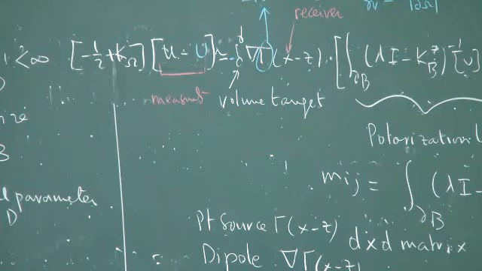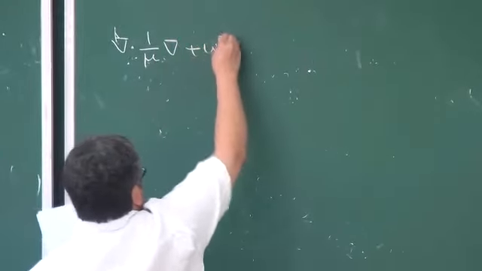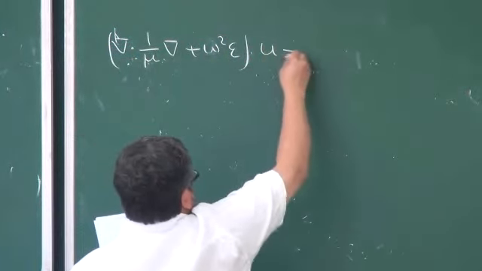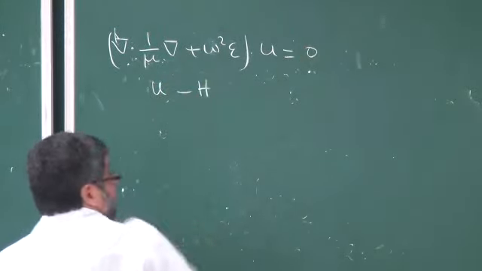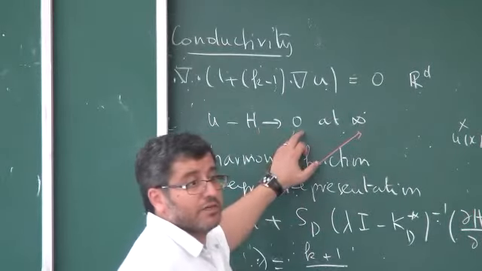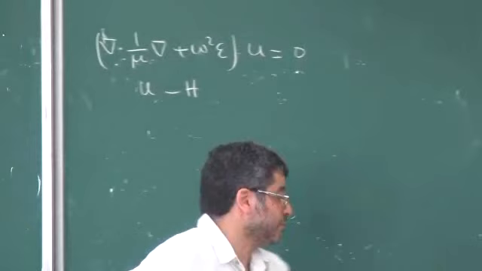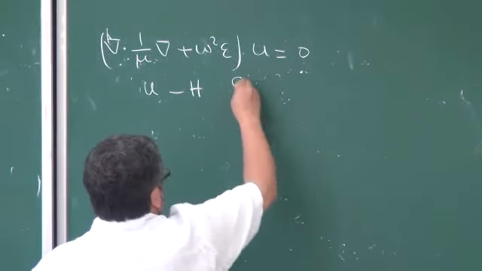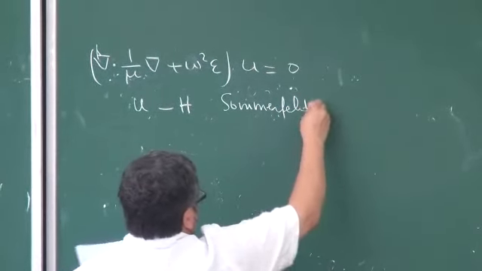What we have is divergence of 1 over mu gradient u plus omega squared epsilon u equal to 0, same notation as yesterday, and u minus h has to satisfy a behavior at infinity. Now it's the Helmholtz equation, so it has to satisfy the Sommerfeld radiation condition, in order to select the physical solution.